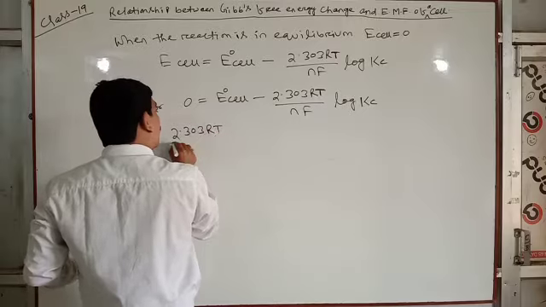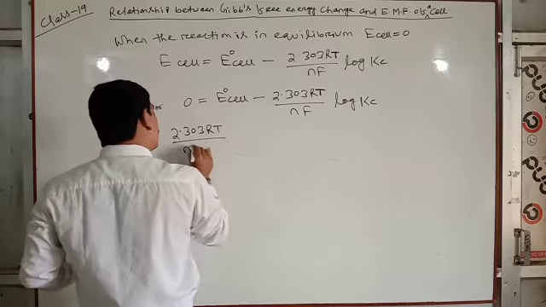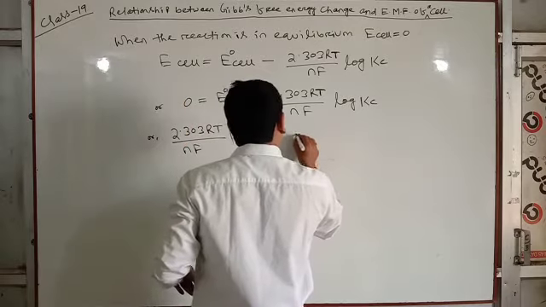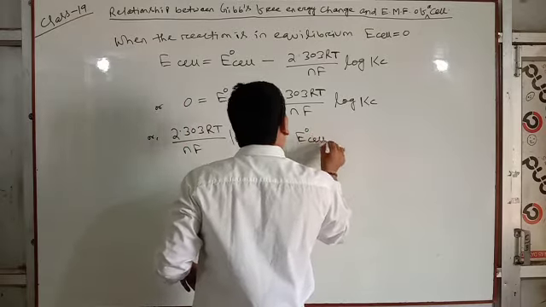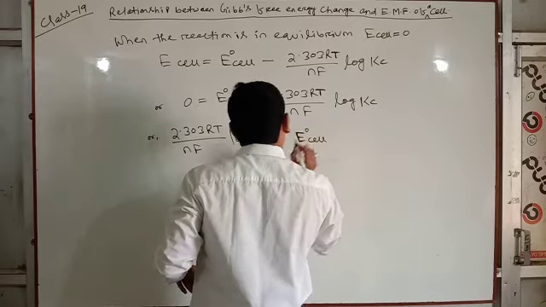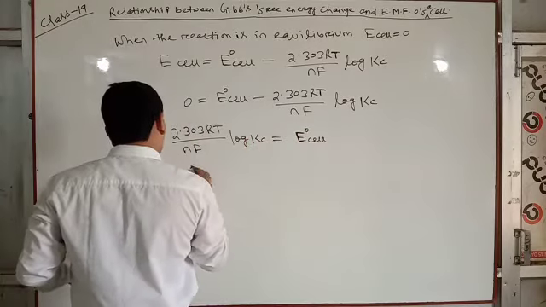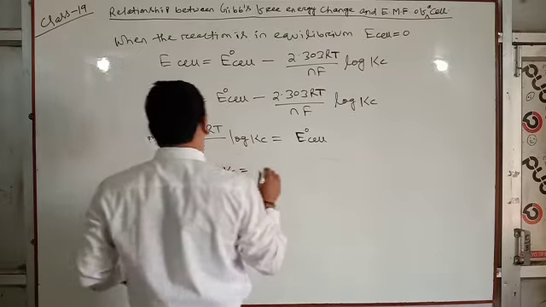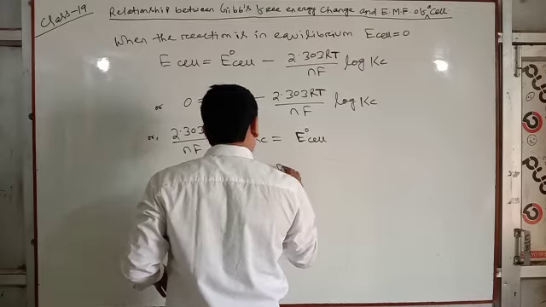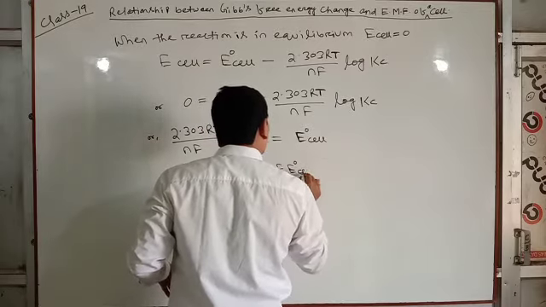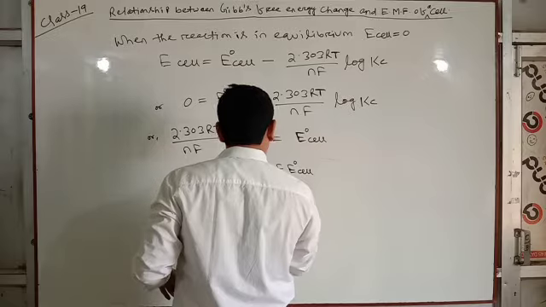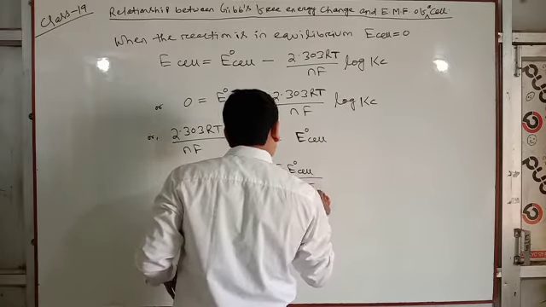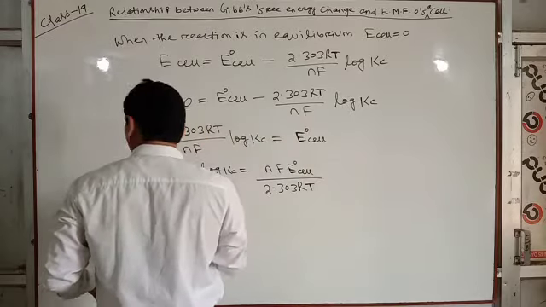2.303 RT by nF log Kc equals E naught cell, or log Kc equals nF E naught cell divided by 2.303 RT.